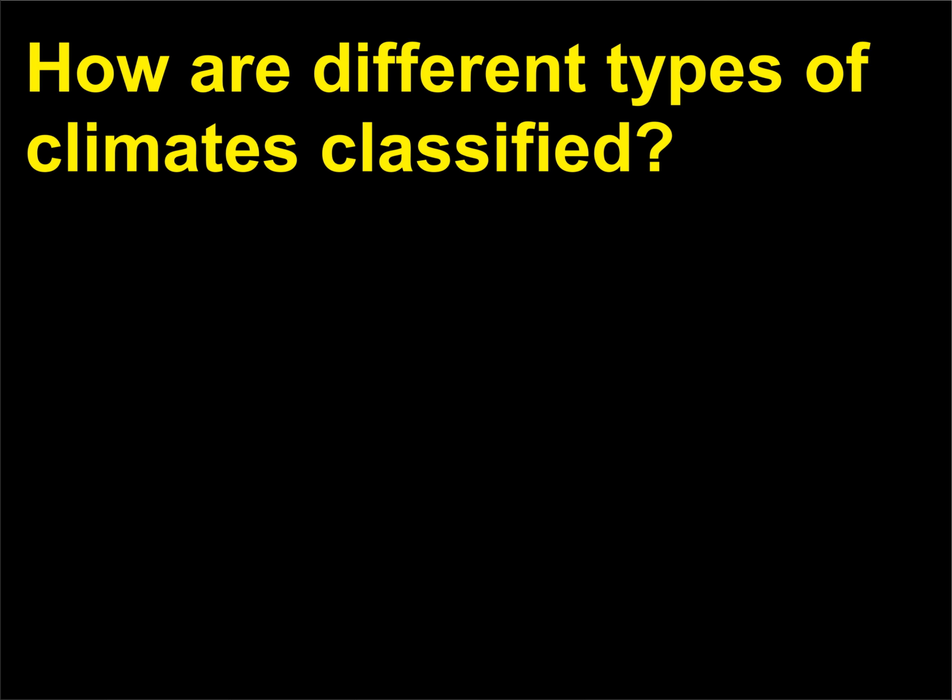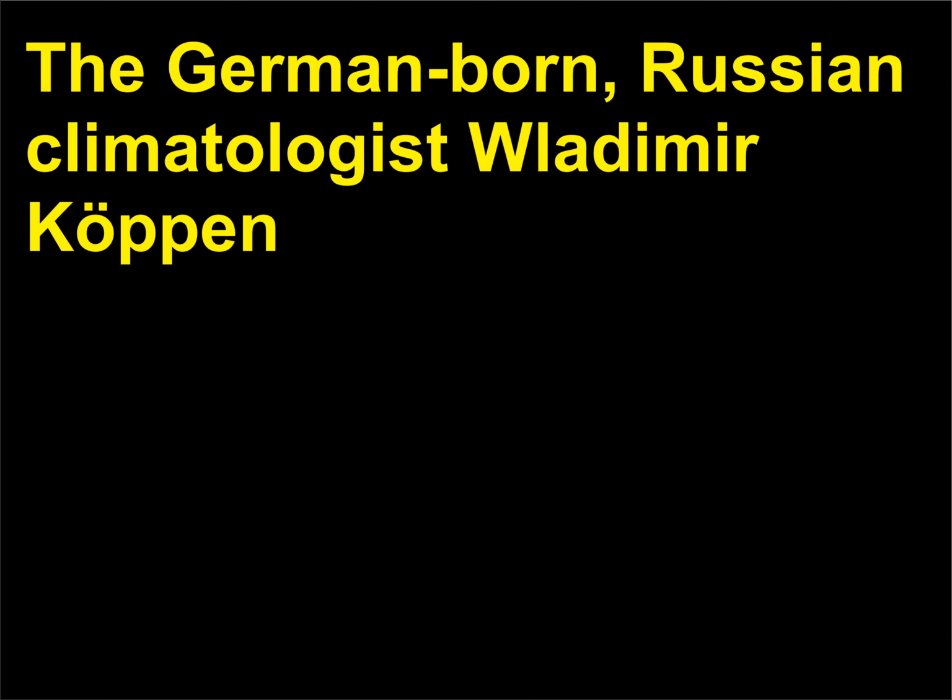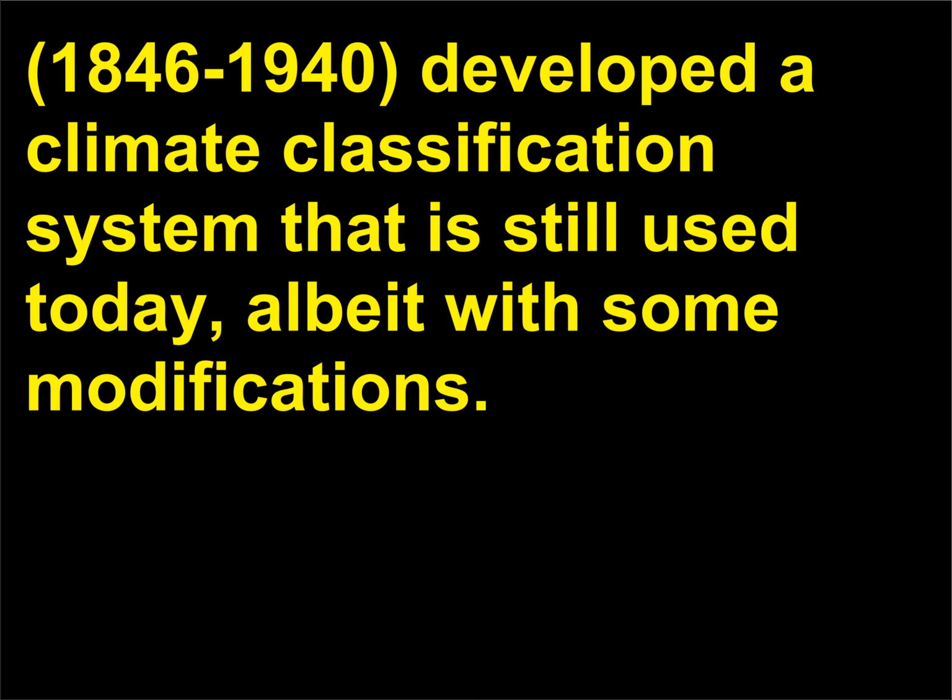How are different types of climates classified? The German-born, Russian climatologist Vladimir Koppen, 1846 to 1940, developed a climate classification system that is still used today, albeit with some modifications.